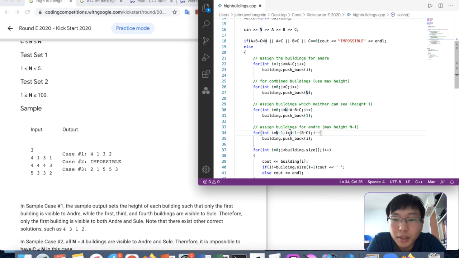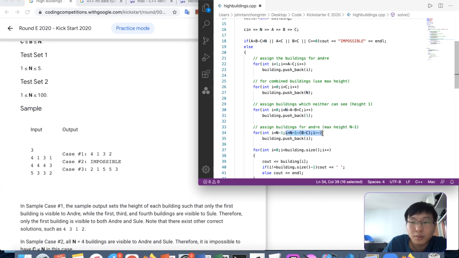So actually, this should be an... yeah, this gives you b minus c. So it's like saying i equals 4, i greater than, let's say b minus c is 1.